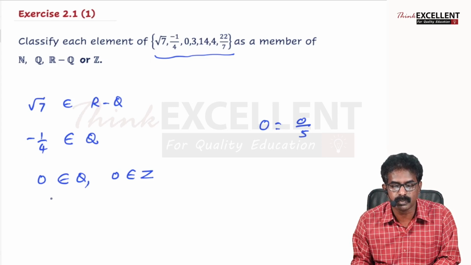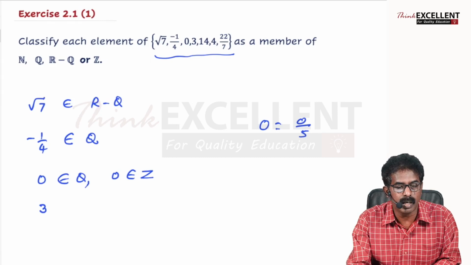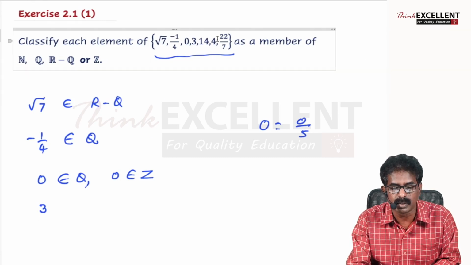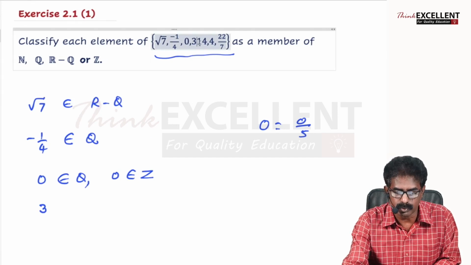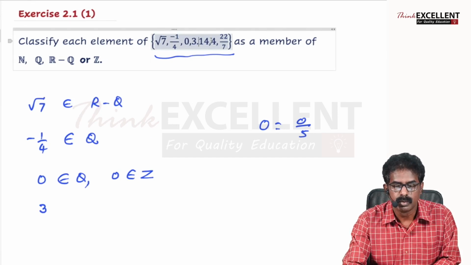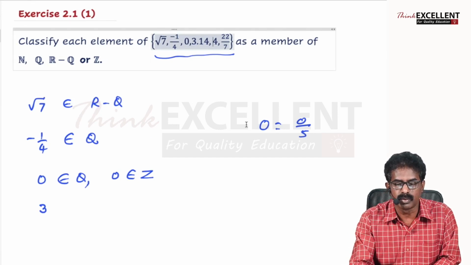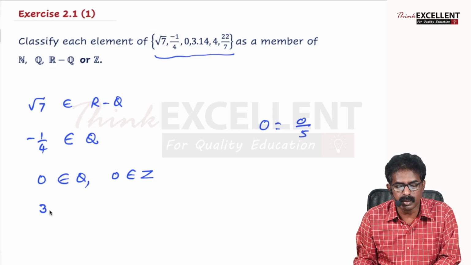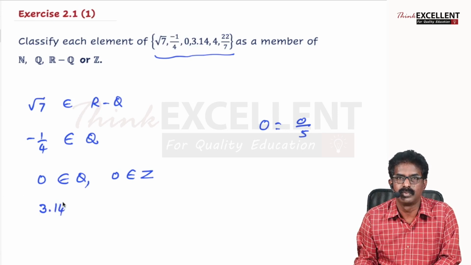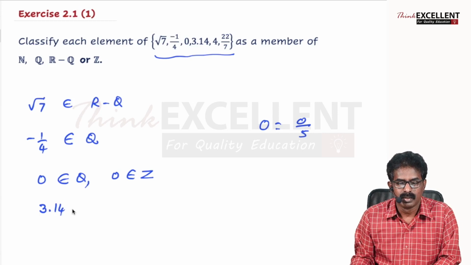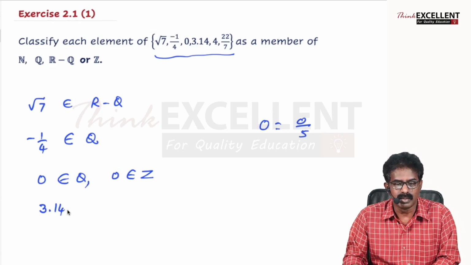The next number is 3.14. We take the number like that. It is not a natural number, and it is not an integer.